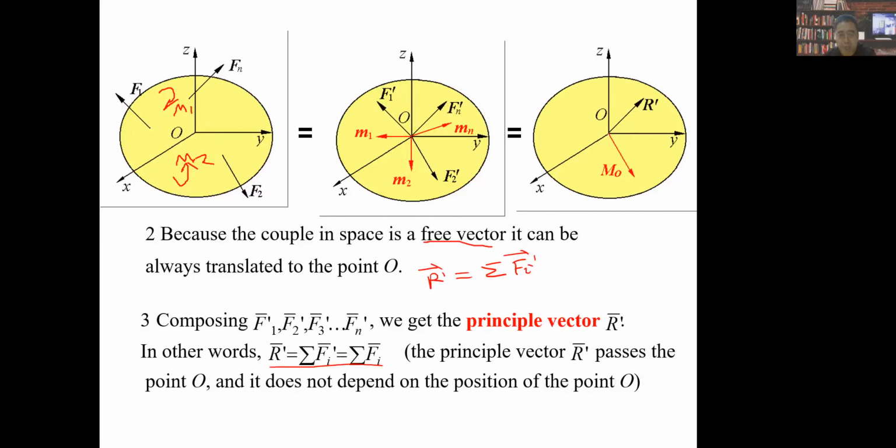It will not change the resultant force R prime, because the principal vector R prime does not depend on the position of the point O you select, right? In Chinese, we say 空间立交汇交力系的合力和我们选择的简化中心没有关系. That means it does not depend on the position of point O.